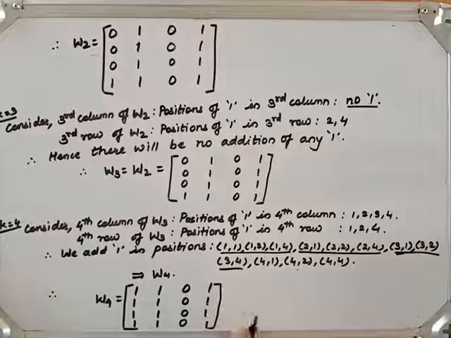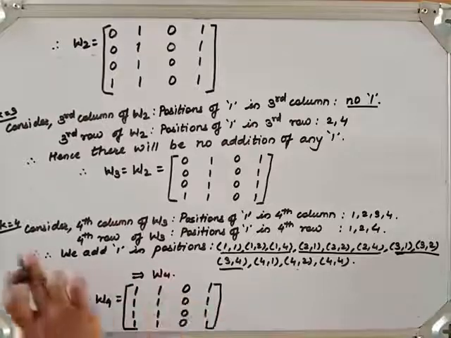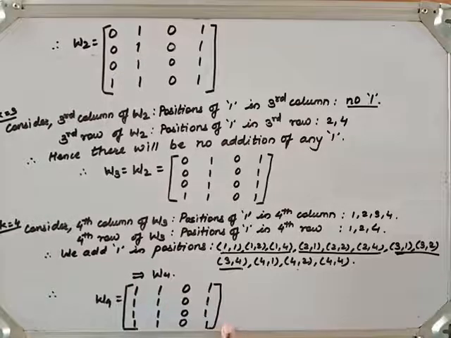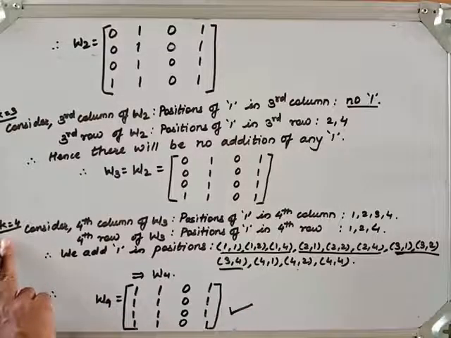Now we come to k equal to n. n is 4 here. The transitive closure we have to reach up to this; it is a 4 by 4 matrix, so we are considering k equal to 4.